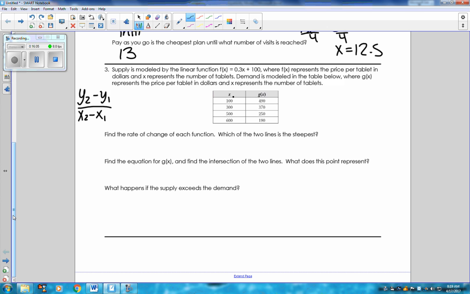So would it be okay if I use smaller numbers than 100, 300, 500 if it's all a constant rate of change? So I want to use numbers 0 and 1.